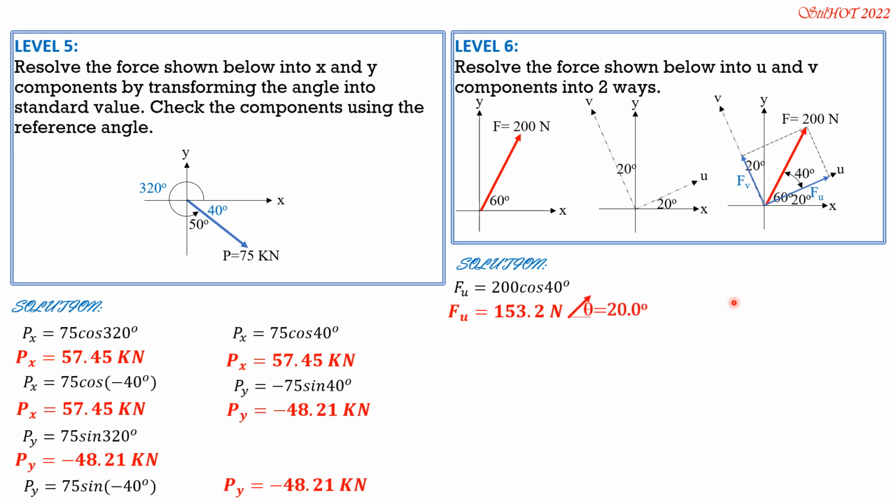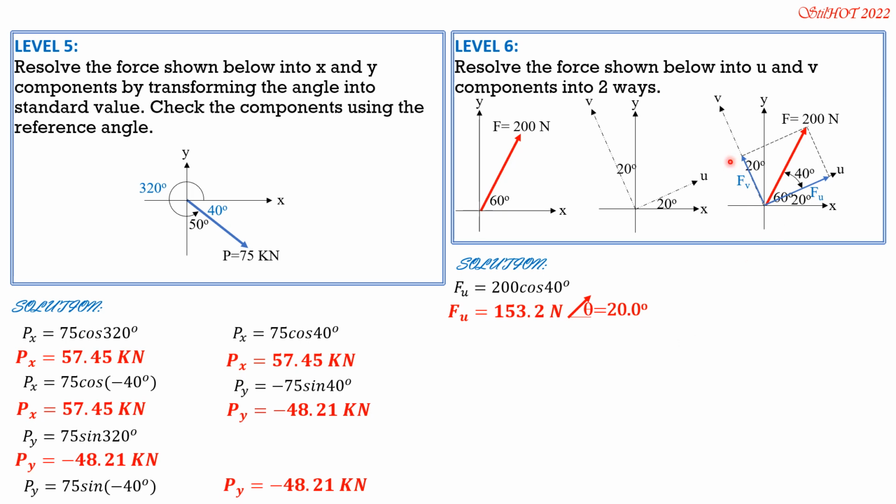So Fu is 200 cosine of 40 degrees. So Fu is 153.2 newtons, and it is directed up to the right 20 degrees. But if it is in the drawing, you may not introduce it because it is already in the drawing. There are situations where you have to report in this manner because remember these forces are vector quantities, so they must have directions, although it's obvious in the figure.